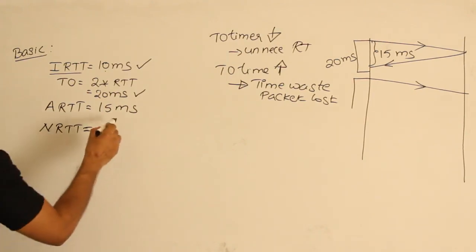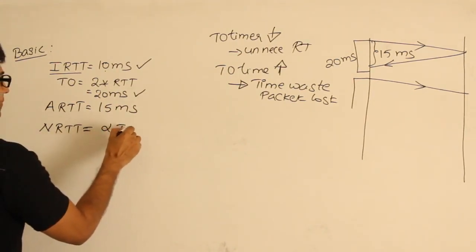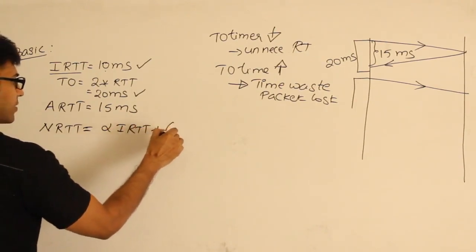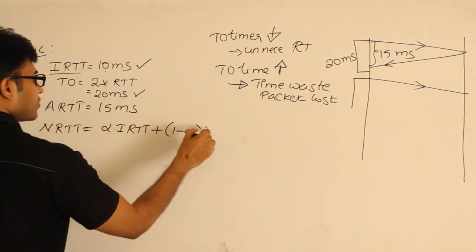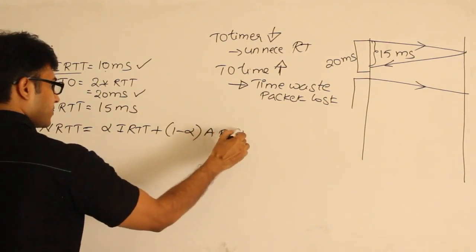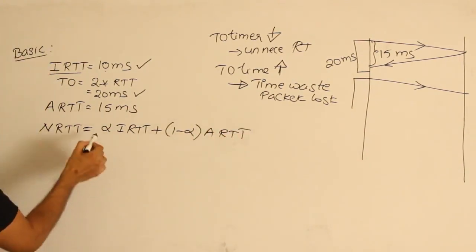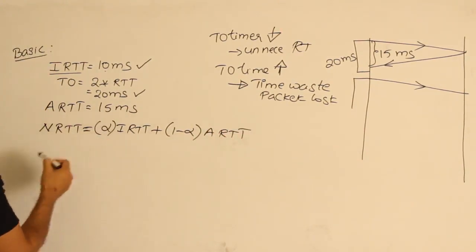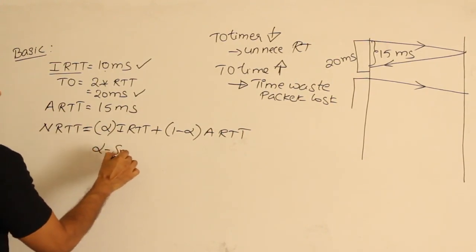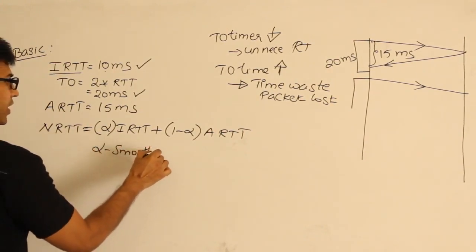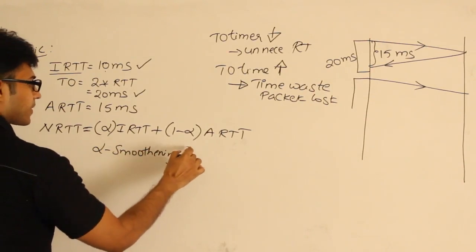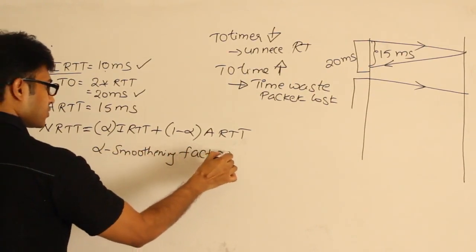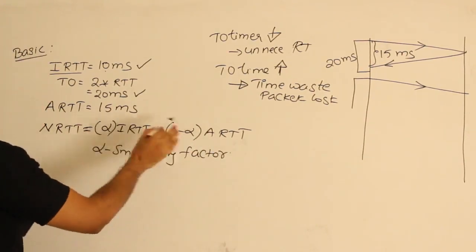So NRTT is alpha into initial round trip time plus (1 minus alpha) into actual round trip time. This is the formula I am going to use, where alpha is a smoothening factor. Smoothening factor means it is used to take an average, some kind of ratio.